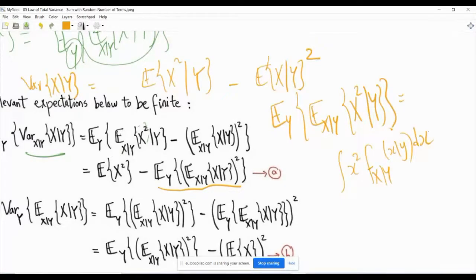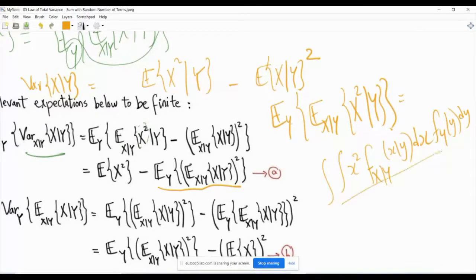This is the conditional expectation. So write down the formula for your expectation, but rather than using the PDF, use the conditional PDF, and then you multiply by the PDF of y, and integrate with respect to y. Now, if this expectation of x squared is finite, then you can use Fubini.